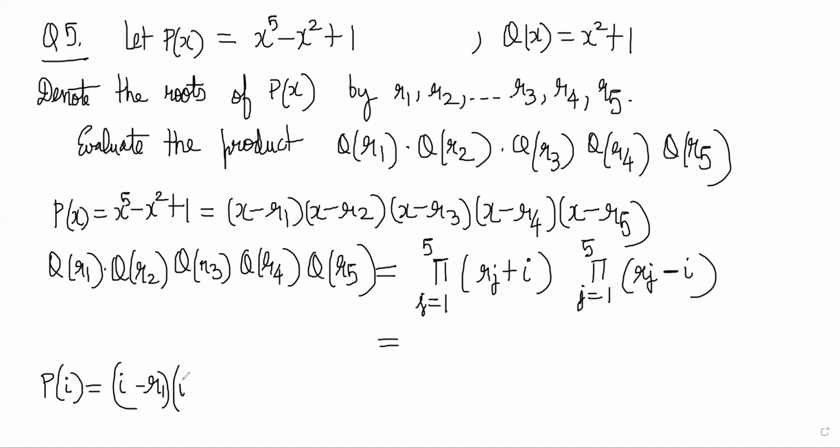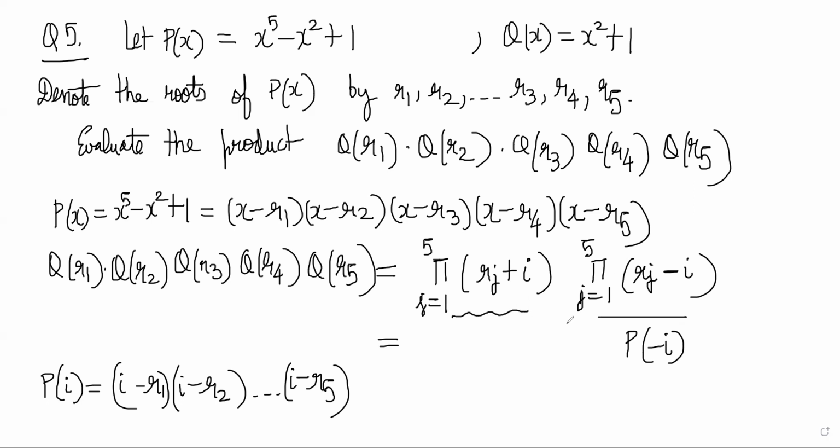R1, I minus R2, till I minus R5. So that is clearly the value that you get when you do Rj minus I 5 times, right? R1 minus I, R2 minus I, that is the same thing. So this is P of minus I, and this is P of I. Both will give us a negative sign, and negative negative will become positive.